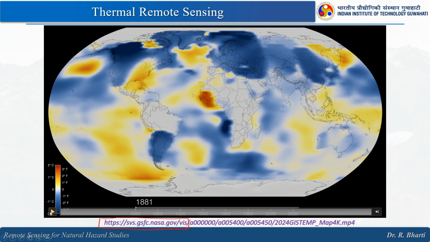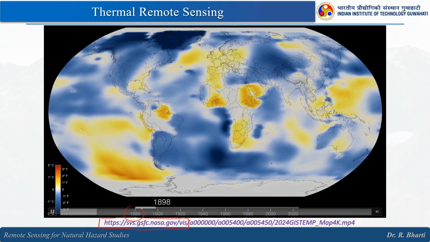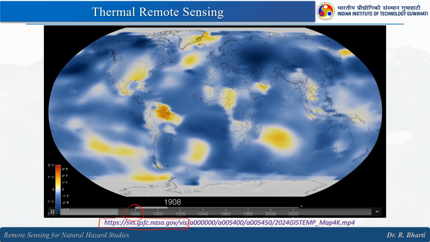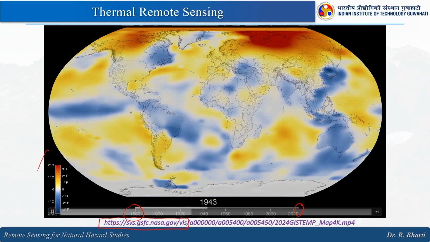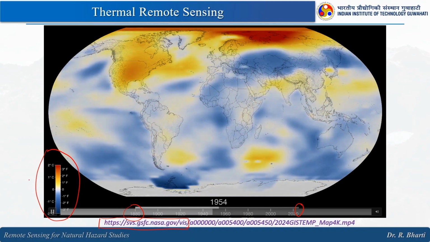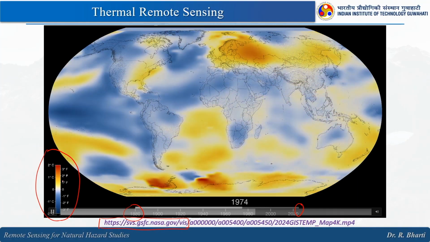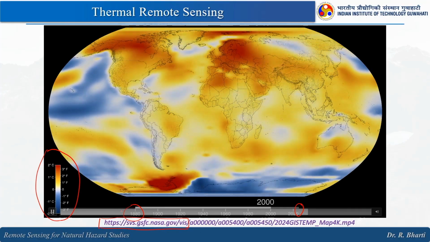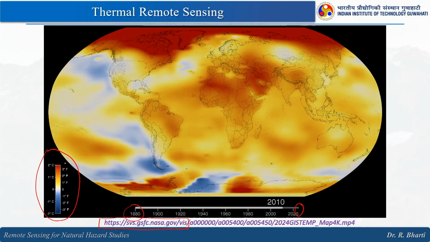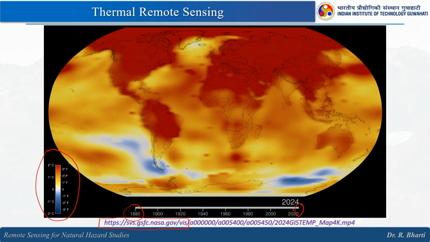So, here you can see how the temperature is changing since 1880 and it is going up to 2024. Here is the scale, right. So, again you will find the temperature difference or the anomaly in the temperature over the past 30-40 years is in the range of 2 degree or 2.5 degree or 3 degrees Fahrenheit.